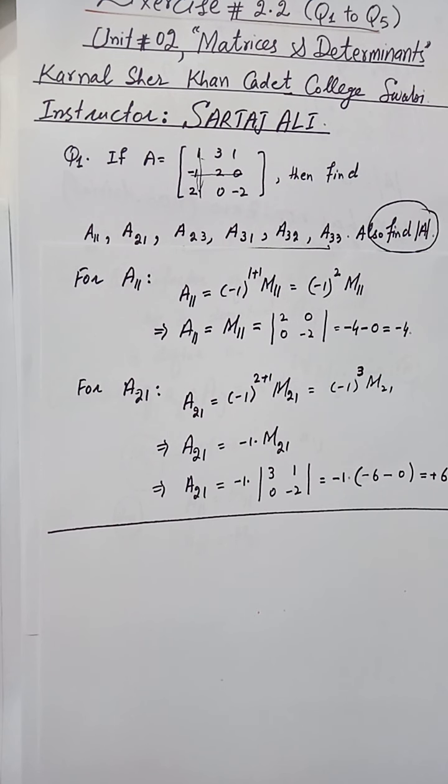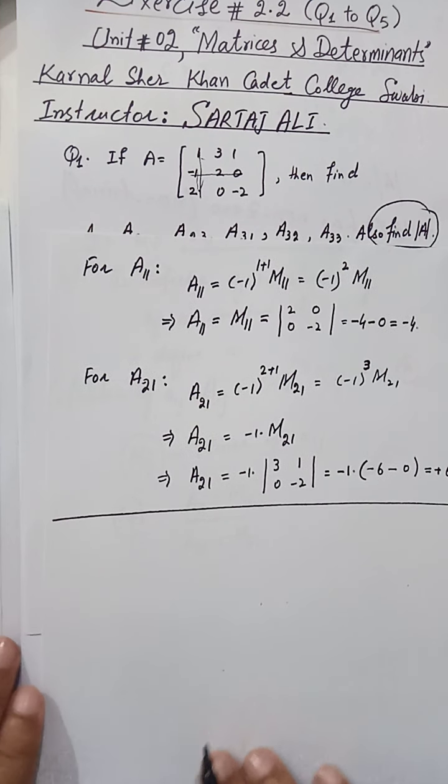You know from the theory that you can calculate the determinant by using any row or any column. So there are 6 possibilities from which you can find the determinant of that matrix.